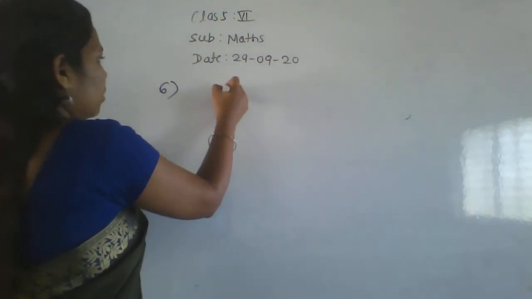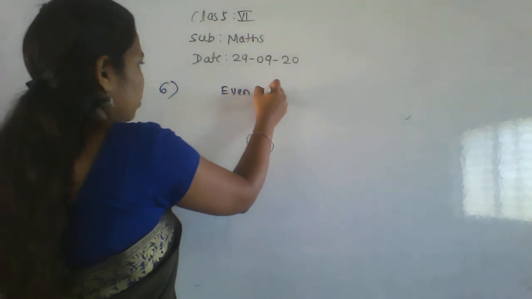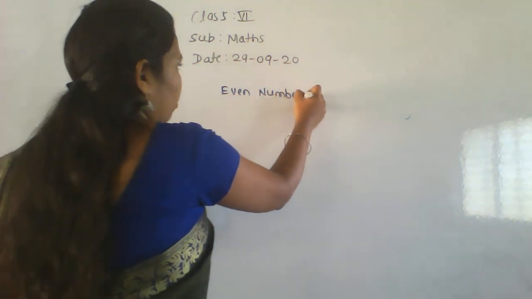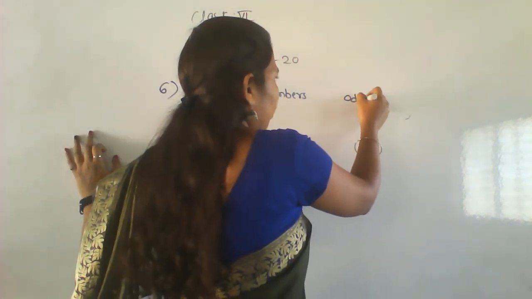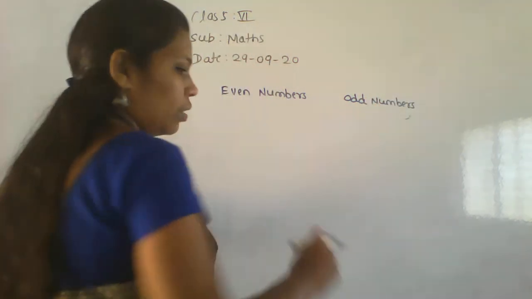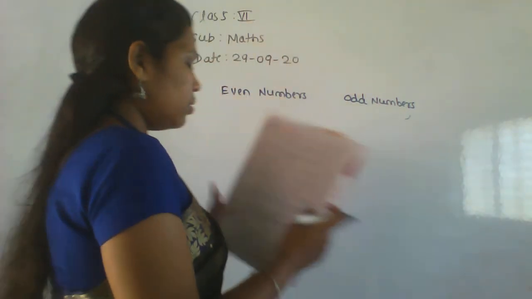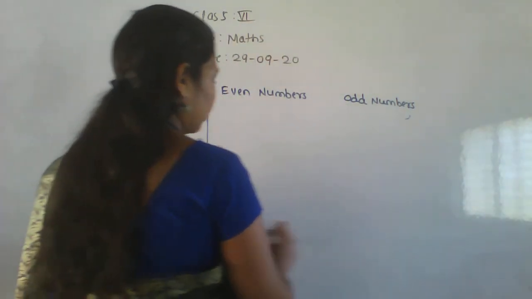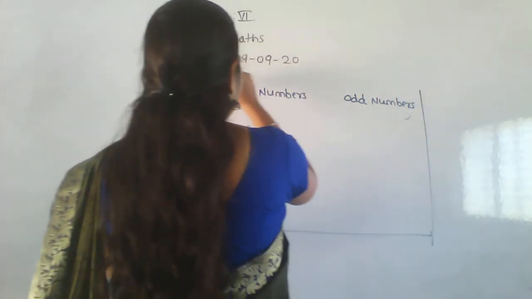Sixth main. Here even numbers, here odd numbers. Just make a column here, using a scale.